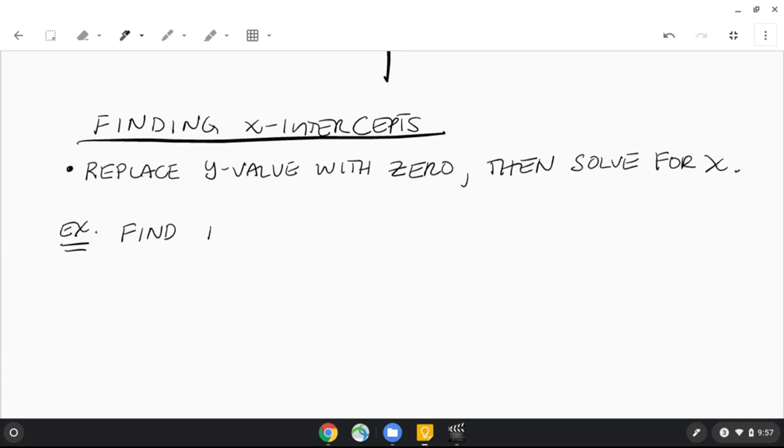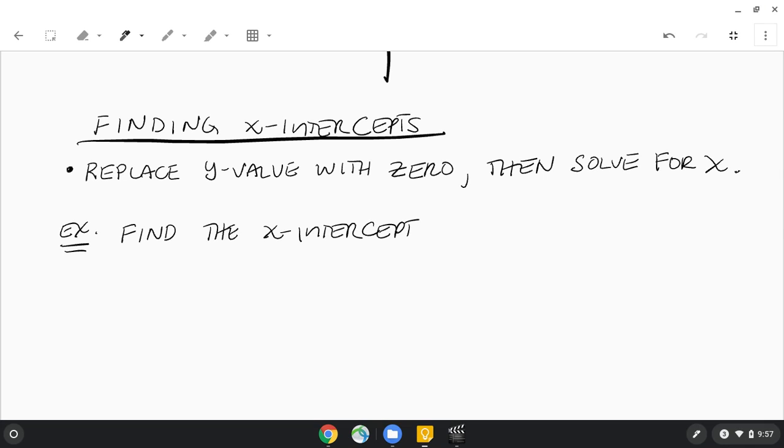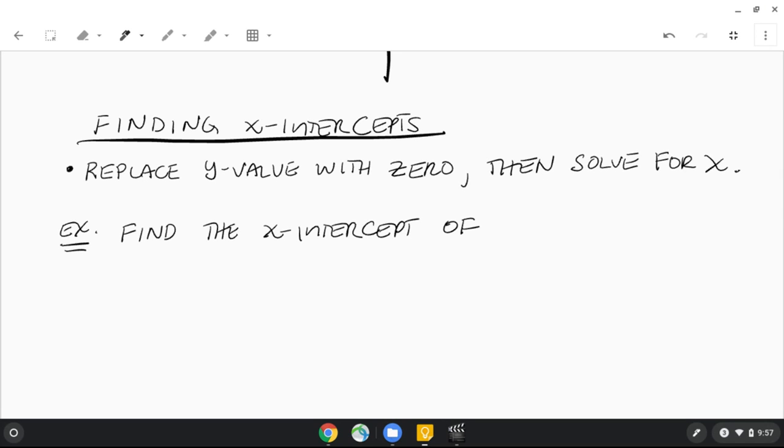Find the x-intercept of this equation. Suppose that I have 2x minus 3y equals -6.